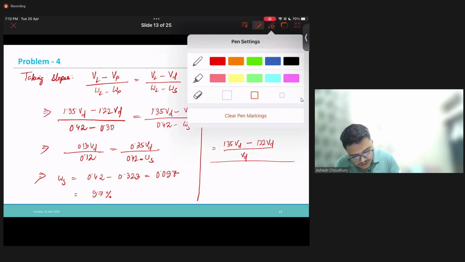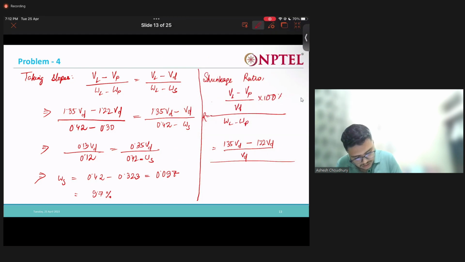We are using the percent sign above, so we directly put this in percent only, 42 minus 9.7.